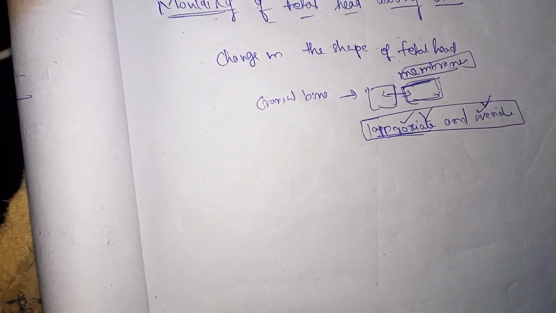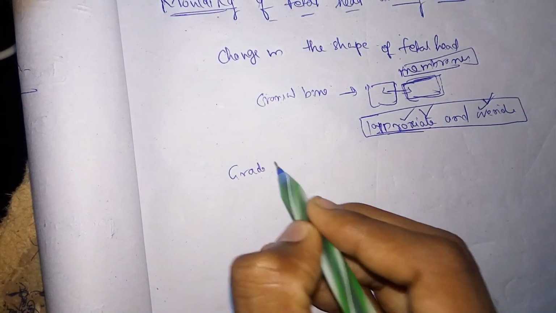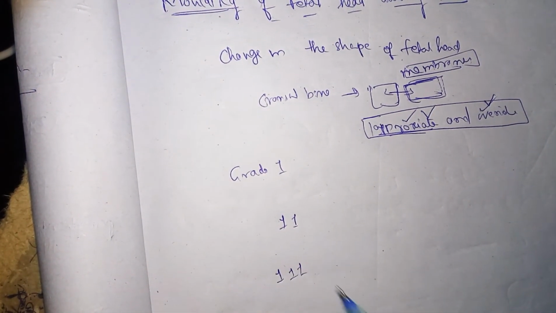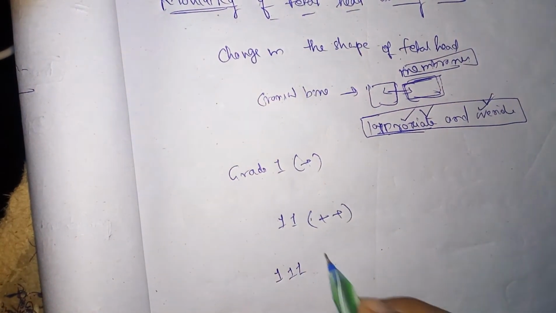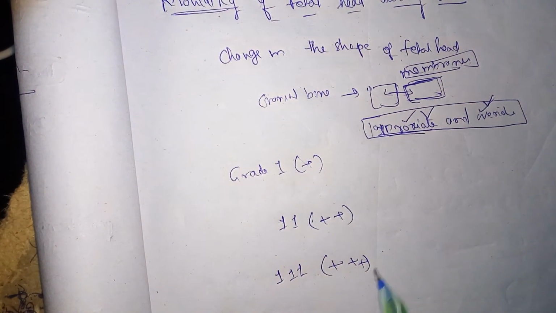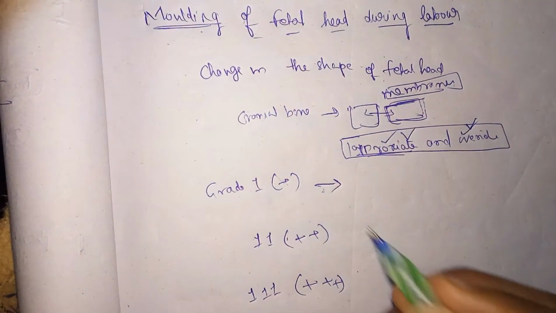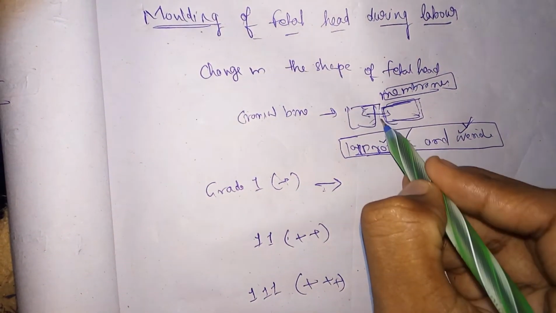This molding is of three grades. Okay, grade 1, grade 2, grade 3, right? Grade 1 is also called plus, 2 plus, 3 plus. Okay, in grade 1, fetal bones will touch each other.